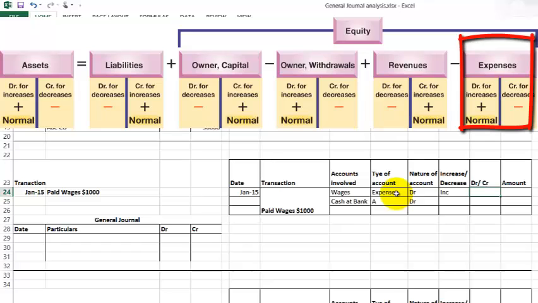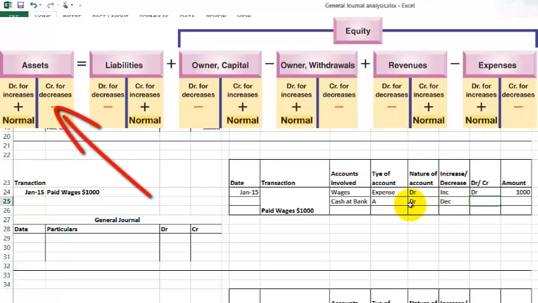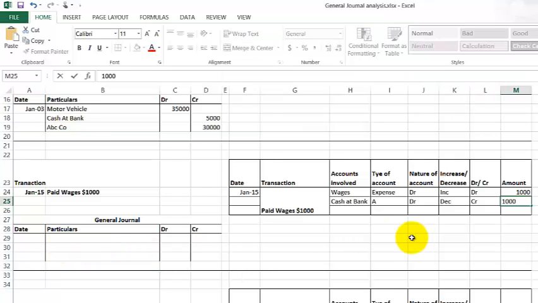An expense increase is a debit. Okay, the amount was $1,000. Cash at bank account, we actually paid some wages, it went down. Okay, applying our rules, asset, decrease, credit. Okay, there we are. So that's the analysis. Let's put it in here.